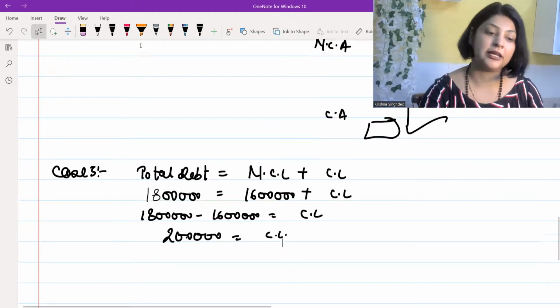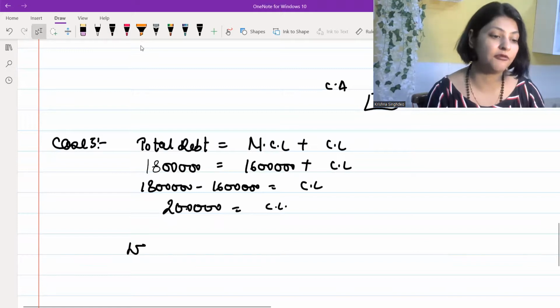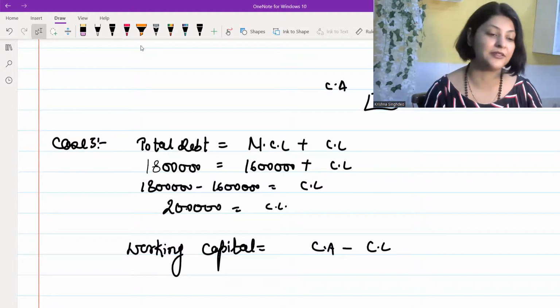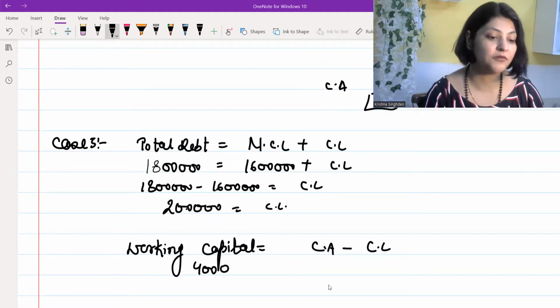Now for finding out the current asset, again, we will have to take the route of working capital. So I'm going to write down the formula of working capital. Working capital is equal to current assets minus current liability, or excess of current assets over current liability. So let us see what is the working capital given to us in the question. Working capital in the question is given as 4 lakh rupees. So 4 lakh rupees is equal to current assets.